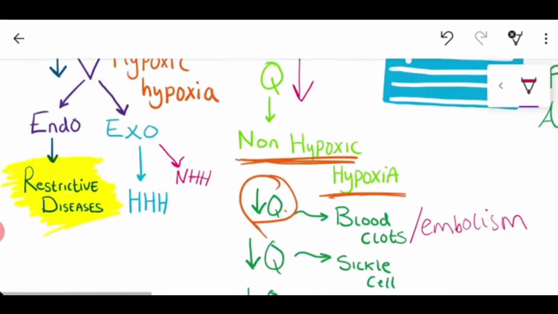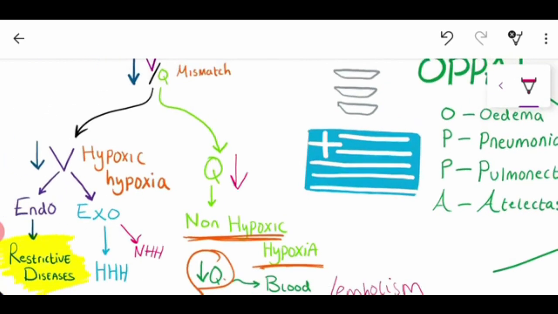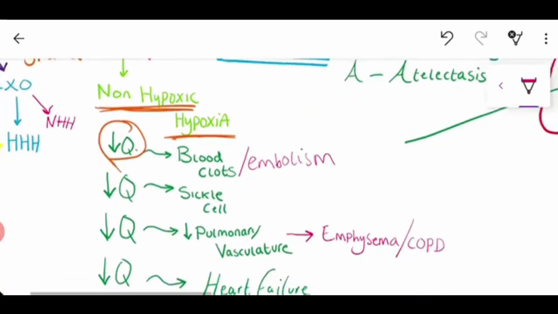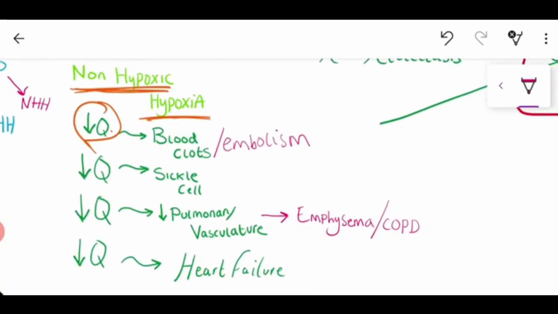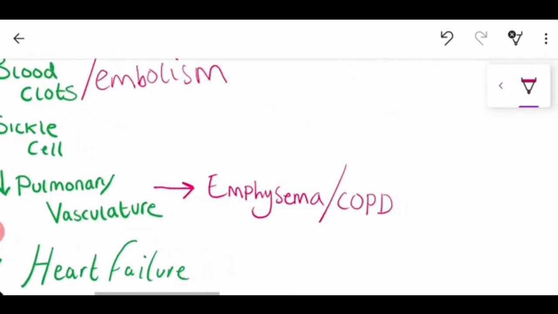Now, if we move on to perfusion, why is there a decrease in pulmonary perfusion? Think of anything that can cause a blockage or a reduction in the cardiac output, or some congenital disease. There can be a blood clot, or an embolism, there can be sickle cell anemia, there can be less pulmonary vasculature. Diseases that can cause this are emphysema and COPD.